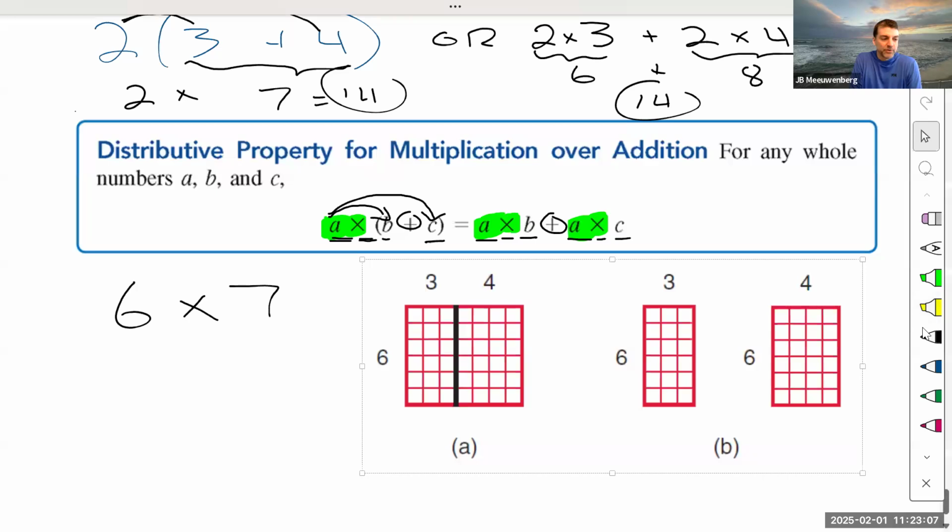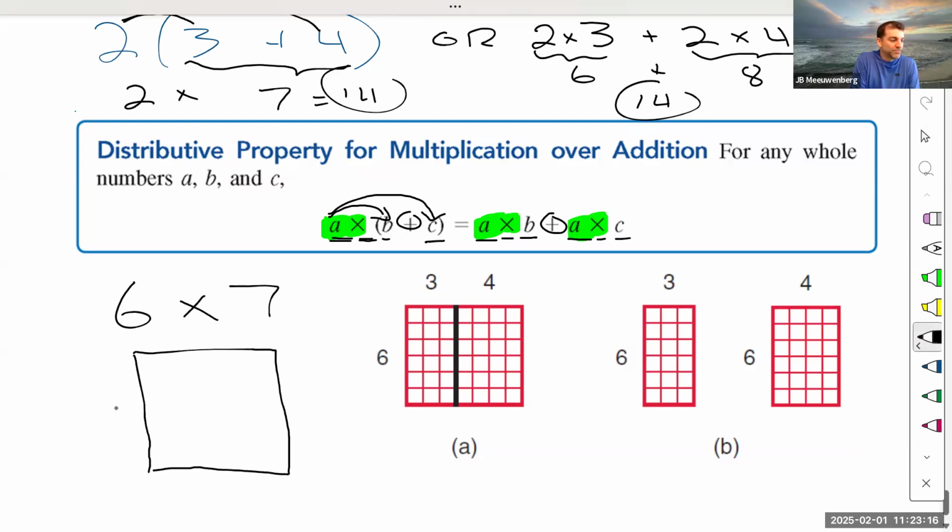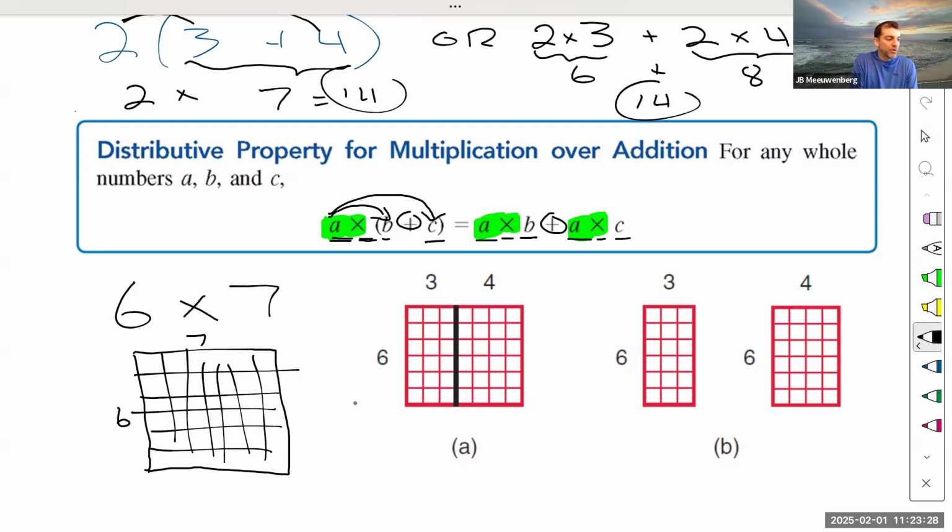Let's explore this for a moment. This array, if you just draw a 6 by 7 array, which is hard to do on this grid, but it would look something like this, right? 6 by 7. We would have 7 columns and 6 rows, right?